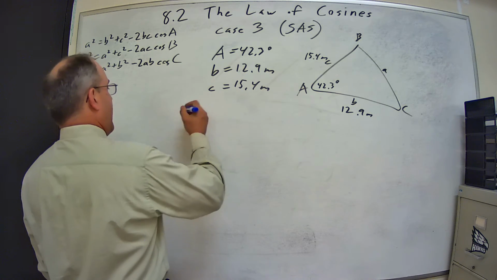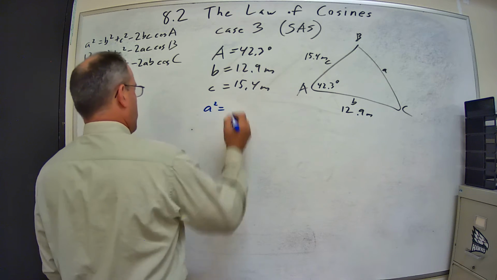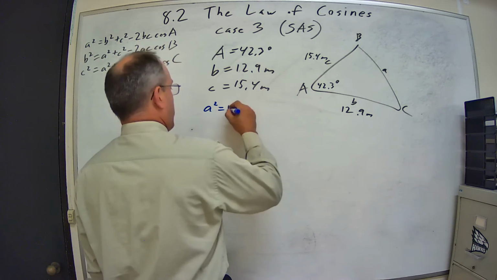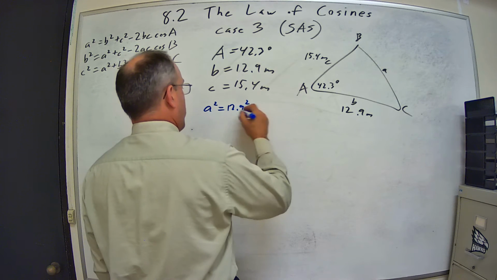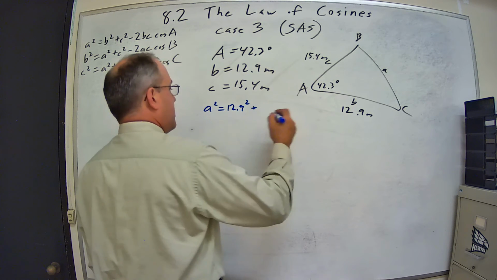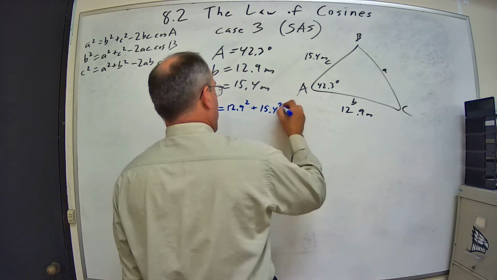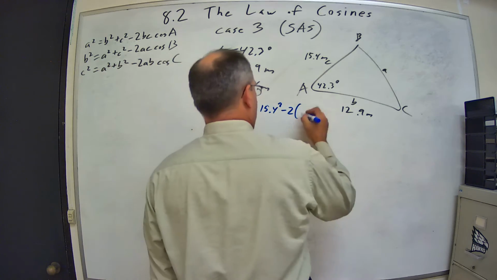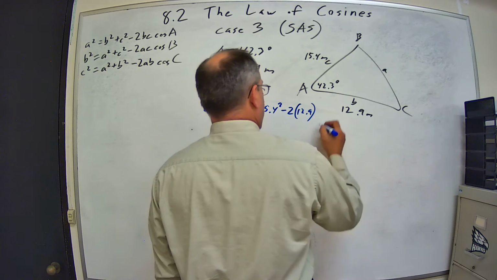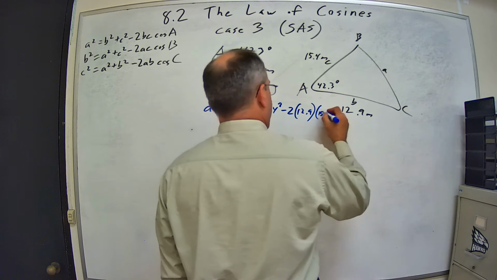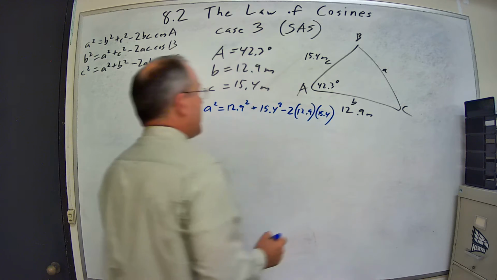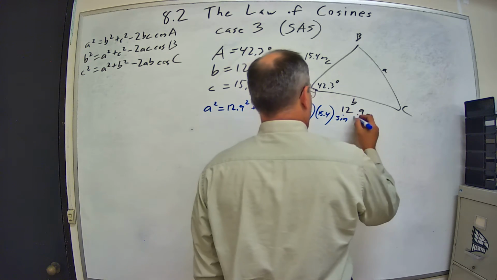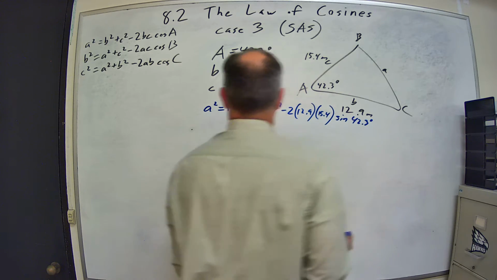So we're going to say that A squared is equal to B squared, 12.9 squared, plus C squared, 15.4 squared, minus 2 times B, 12.9, times C, 15.4, times the cosine of A, cosine of 42.3 degrees.